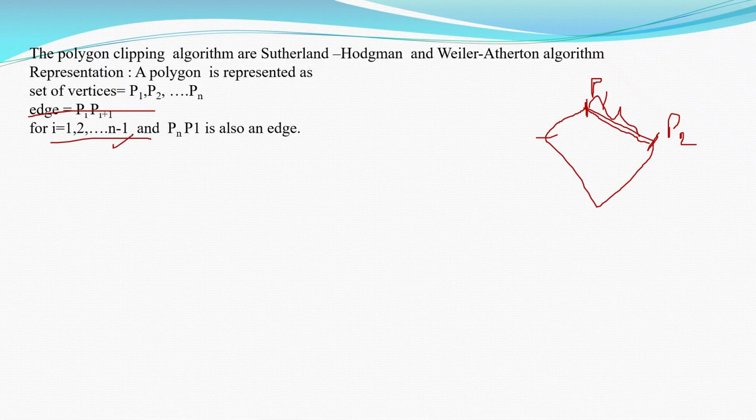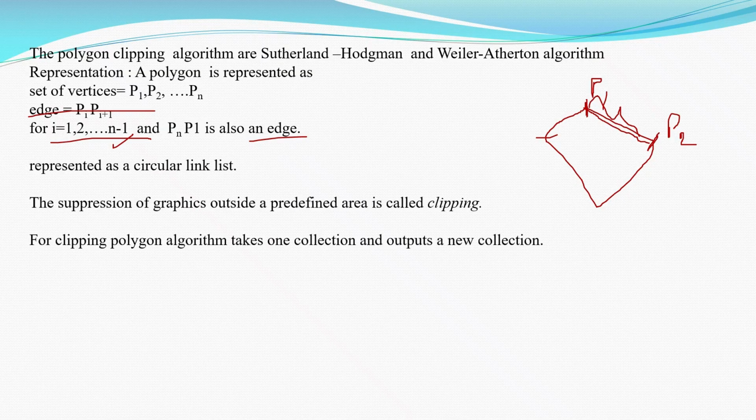P of n to P of 1 is also an edge. This is how we represent it, as a circular linked list.